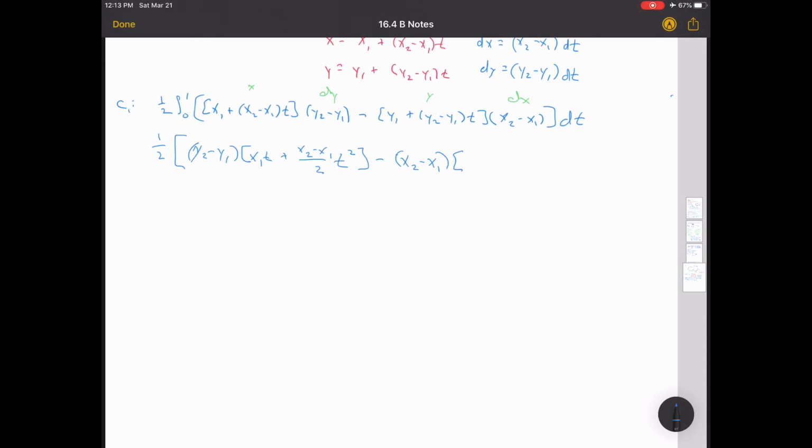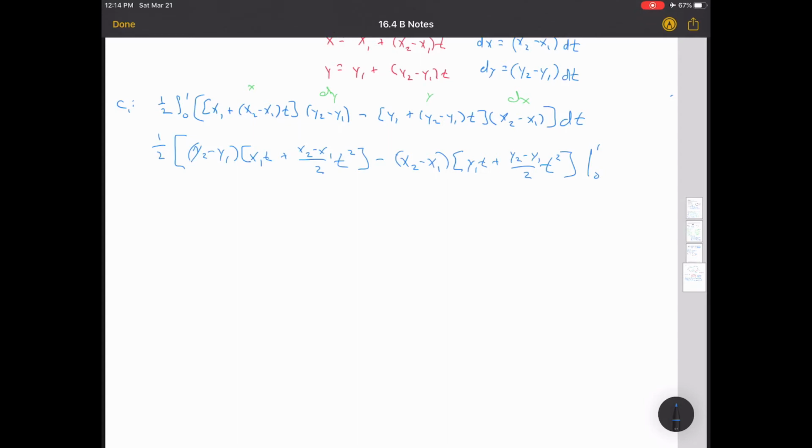Antiderivative of y1 is just going to be y1t. The antiderivative of y2 minus y1 times t is going to be pretty much what we did before. It'll be y2 minus y1 over 2 t squared. And we're going to evaluate that from 0 to 1.